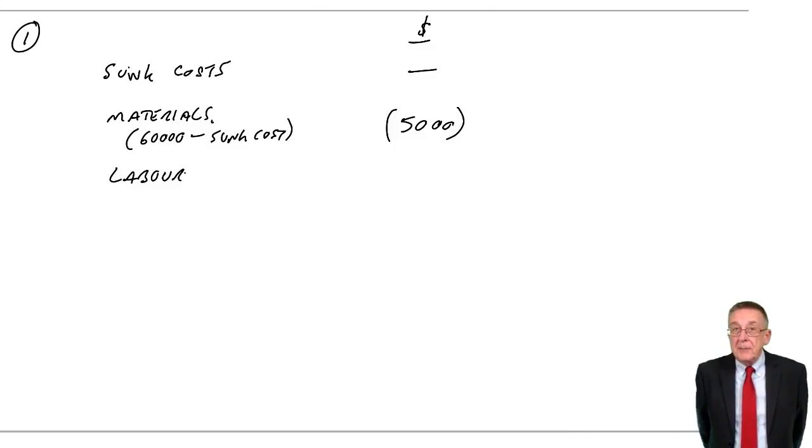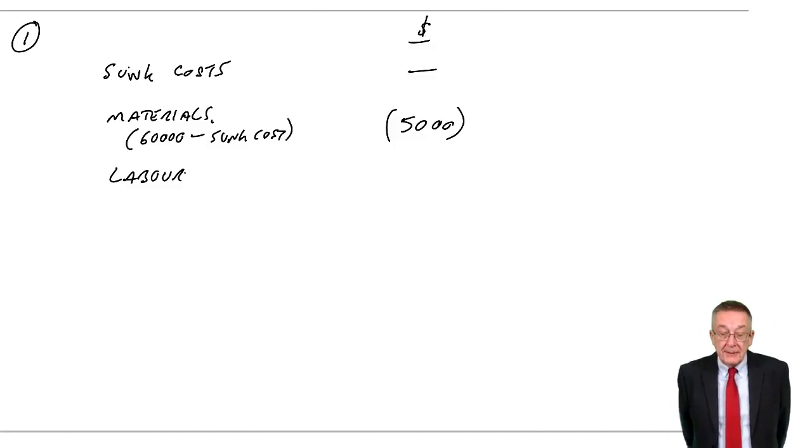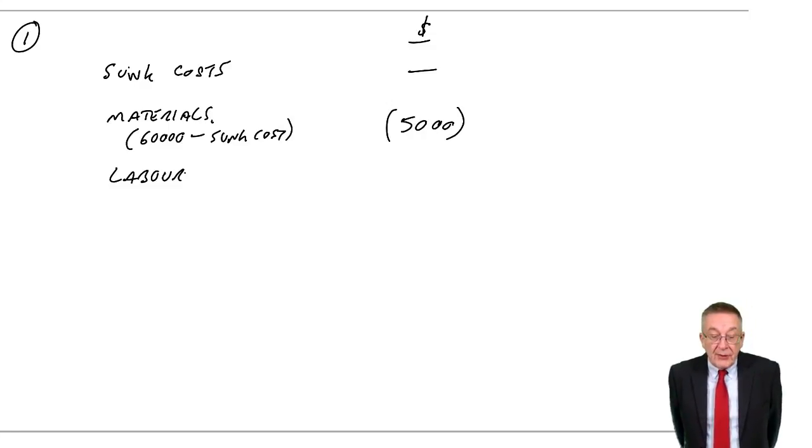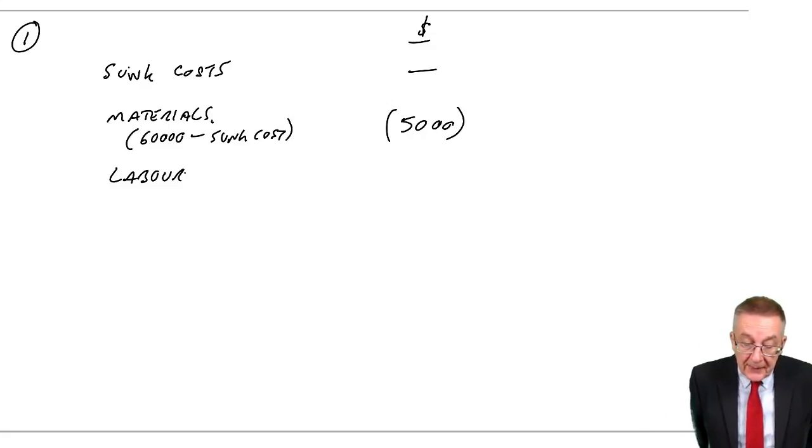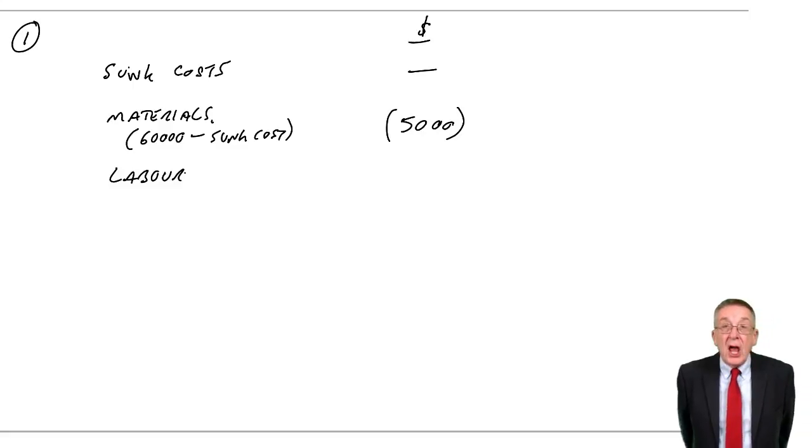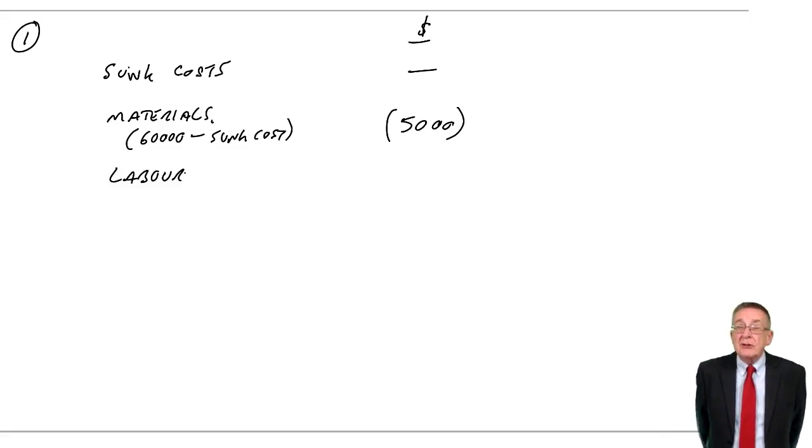I will read the rest of it in a minute. If we stop the project, these men will go back to another department and they'll get us revenue of 150,000. And so here we have an opportunity cost, haven't we?